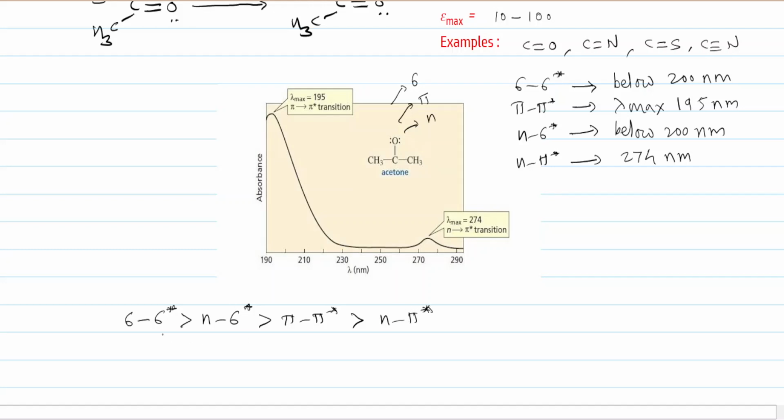So in this way, sigma to sigma star transition requires more energy, whereas n to pi star transition requires less energy. And when we compare the wavelength, then the wavelength, that is lambda max, on this side it is less, on this side the lambda max is high. So we can compare the wavelength as well as energy of this transition.